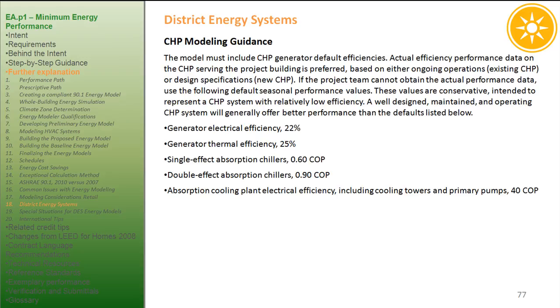Generator electrical efficiency, 22%. Generator thermal efficiency, 25%. Single effect absorption chillers, 0.60 COP. Double effect absorption chillers, 0.90 COP. Absorption cooling plant electrical efficiency, including cooling towers and primary pumps, 40 COP.